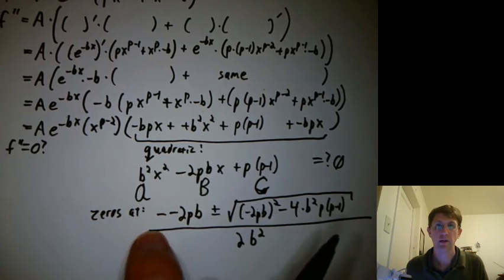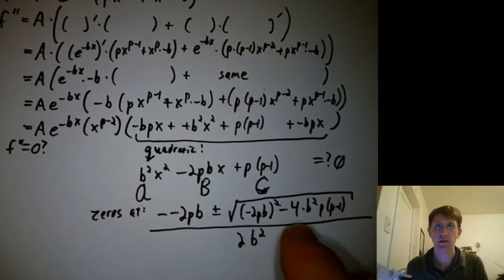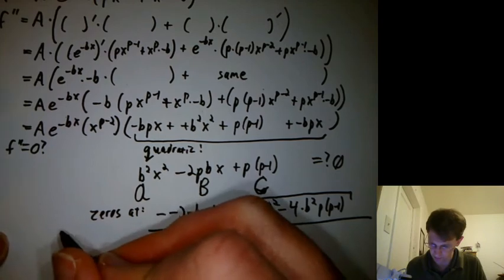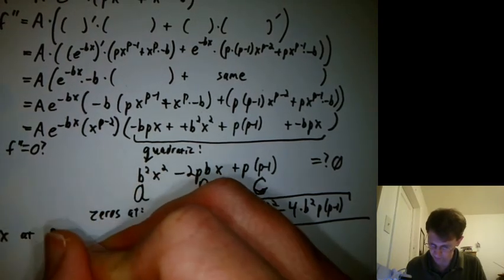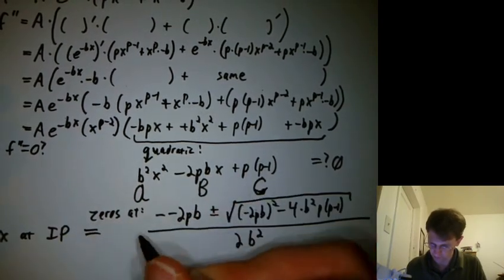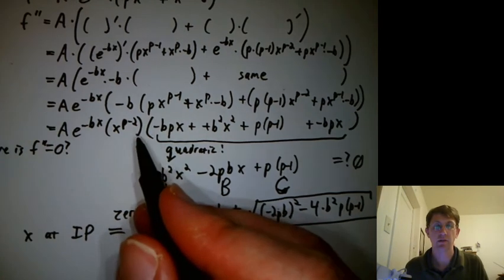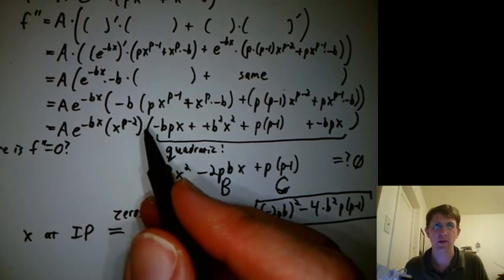So that is where the x values of our inflection points are. And then also x equals 0, which we're kind of ignoring, kind of not.